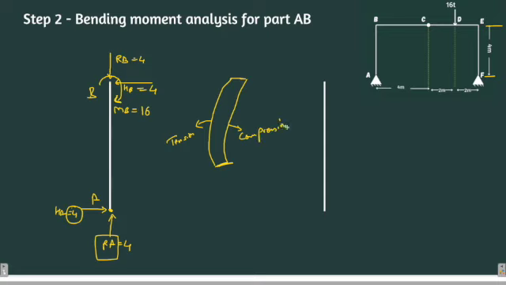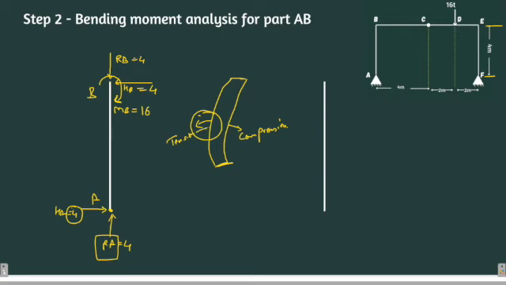So it's a convention, or you can say you can follow this convention to draw the bending moment. Like if you are drawing the bending moment for the tension part, you will take it negative. So what am I doing here? I'm drawing the bending moment for the outer portion of the beam, not the inner portion of the beam.